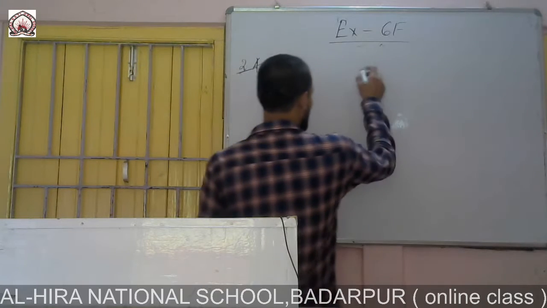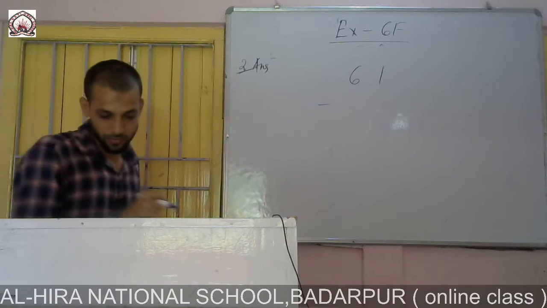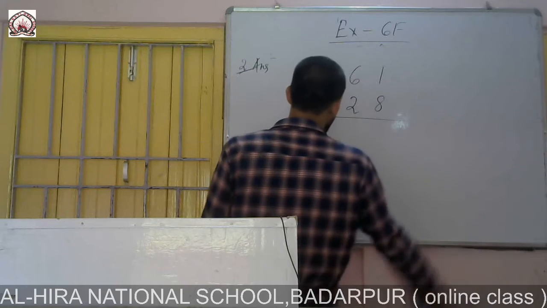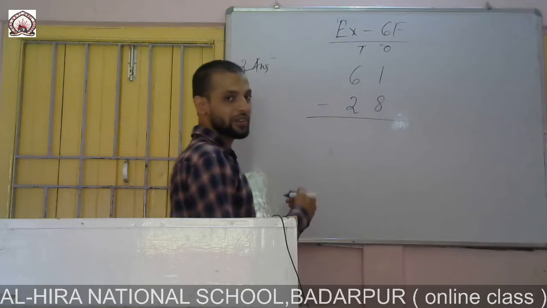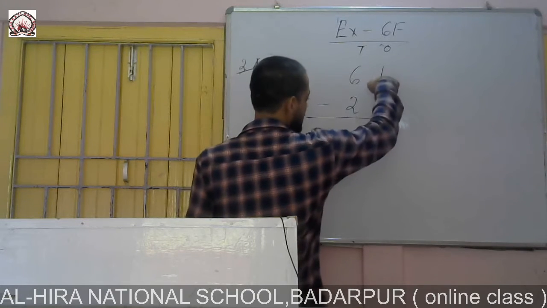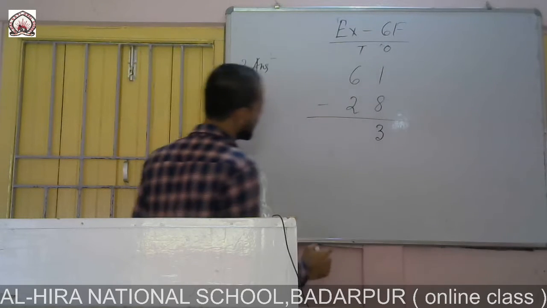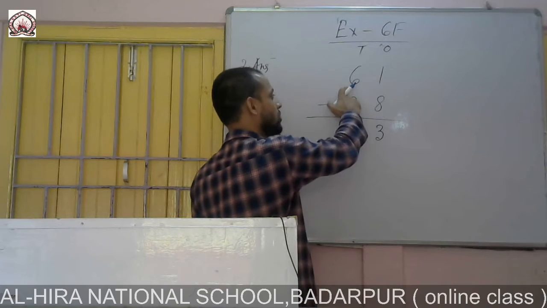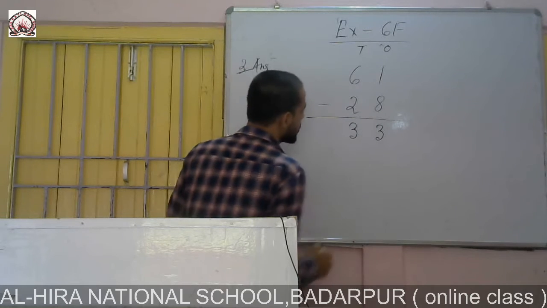So we can write here 61 minus 28. Like earlier, ones, tens. We cannot subtract 8 from 1, so we have to carry. If we carry 1 from the tens place, then instead of 1 we will get 11. 11 minus 8 equals to 3. Here the digit is 5, as we have taken 1 from there earlier. 5 minus 2 equals to 3.